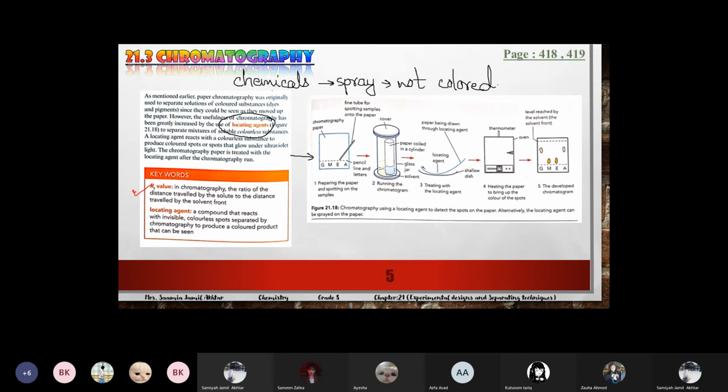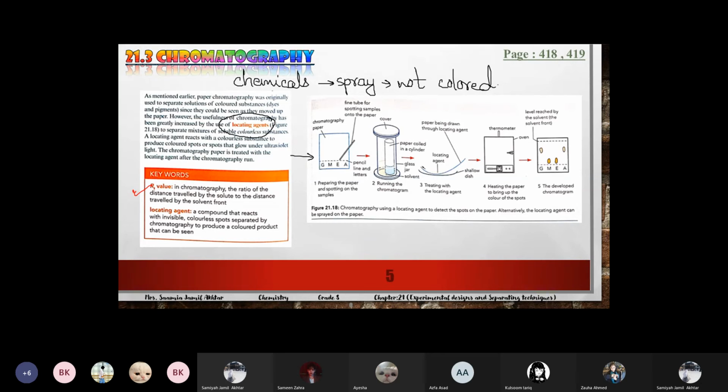We cannot actually locate where the spots are because they are transparent. So we will use certain chemicals, we will spray them or we can just dip the paper one time in the locating agents. Then when we dry off the chromatogram, the colors of the spots will appear.